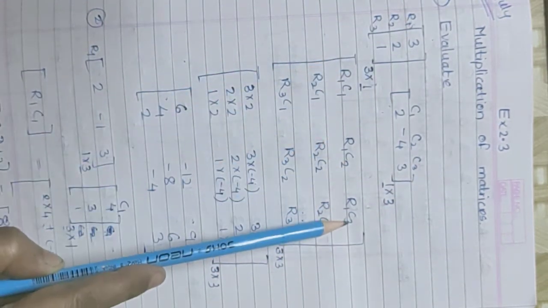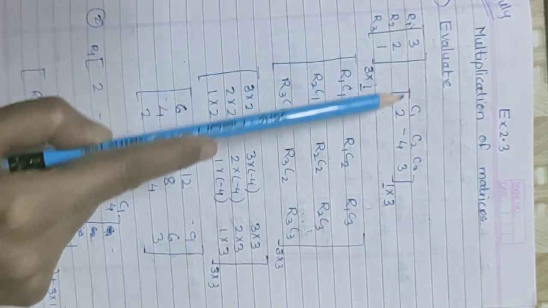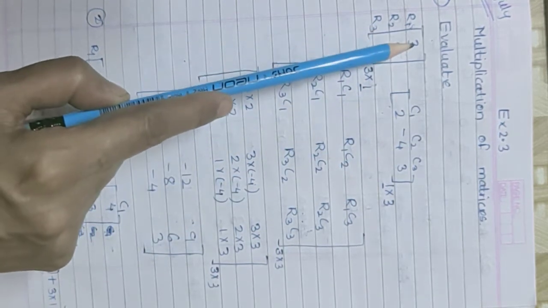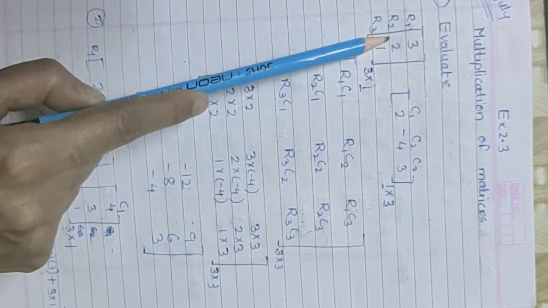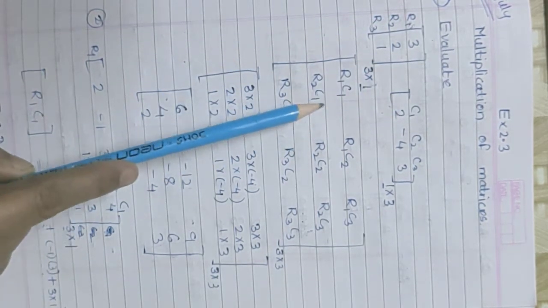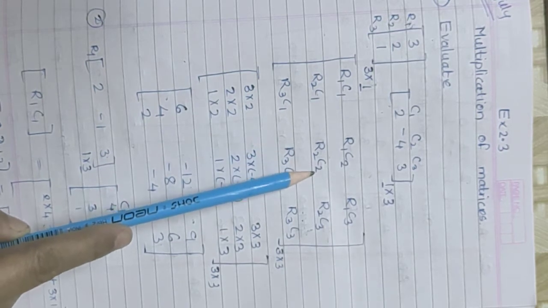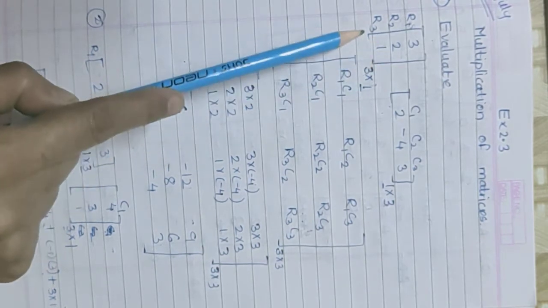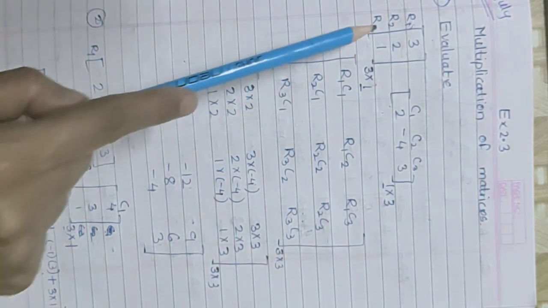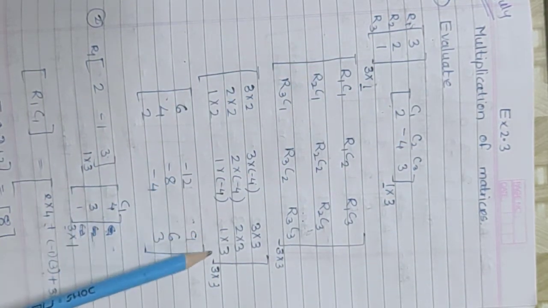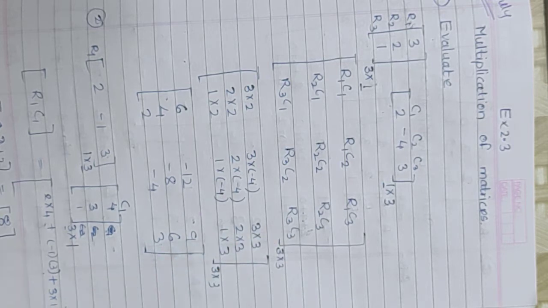So our first row is completed, with R1 multiplied to all 3 columns. When our first row is completed, then only we will take the second row: R2C1, R2C2, R2C3. After completing the second row we will take the third row: R3C1, R3C2 and R3C3.